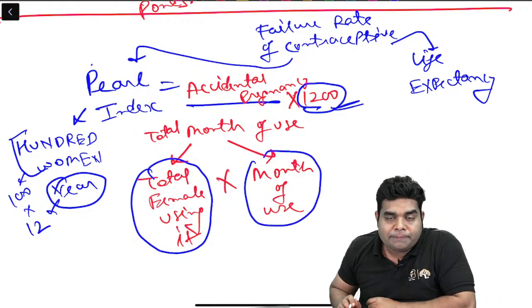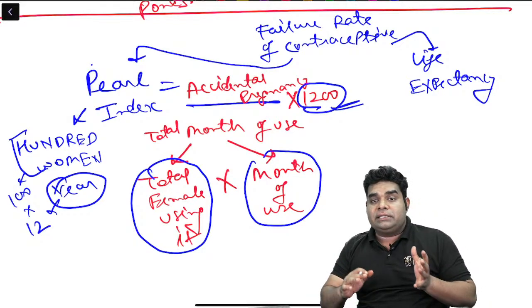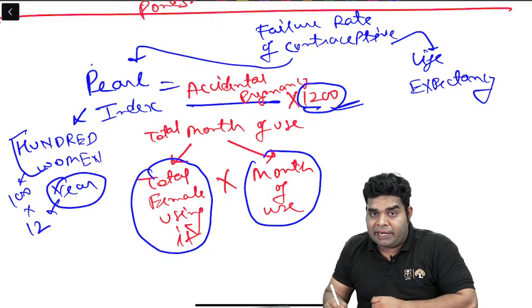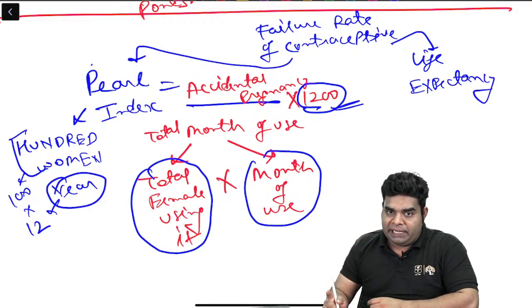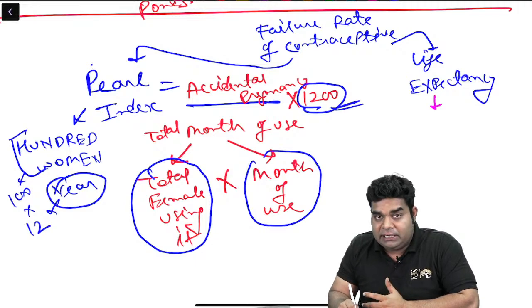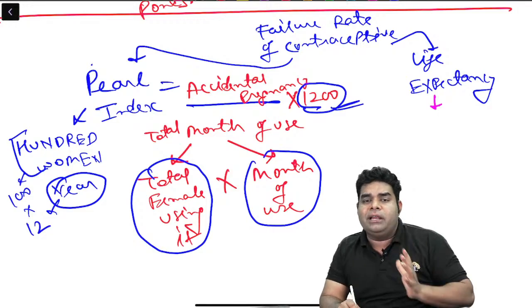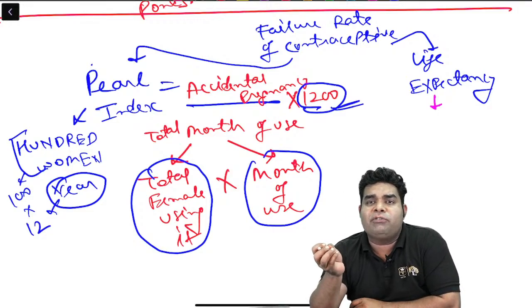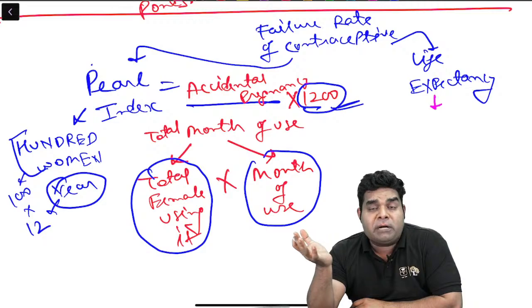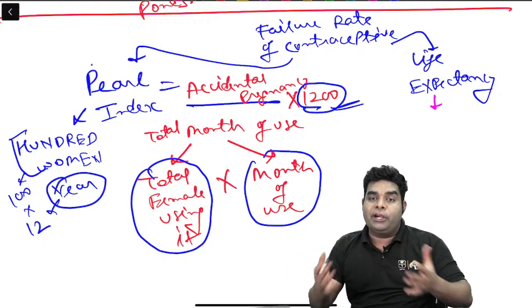Now, out of life table and Pearl index, which one is the better way to measure failure rate? The answer is the life table, because the life table method can be used even for a single female who is using a contraceptive, even for some days. But Pearl index is always calculated for a large group taking a contraceptive for a longer duration.